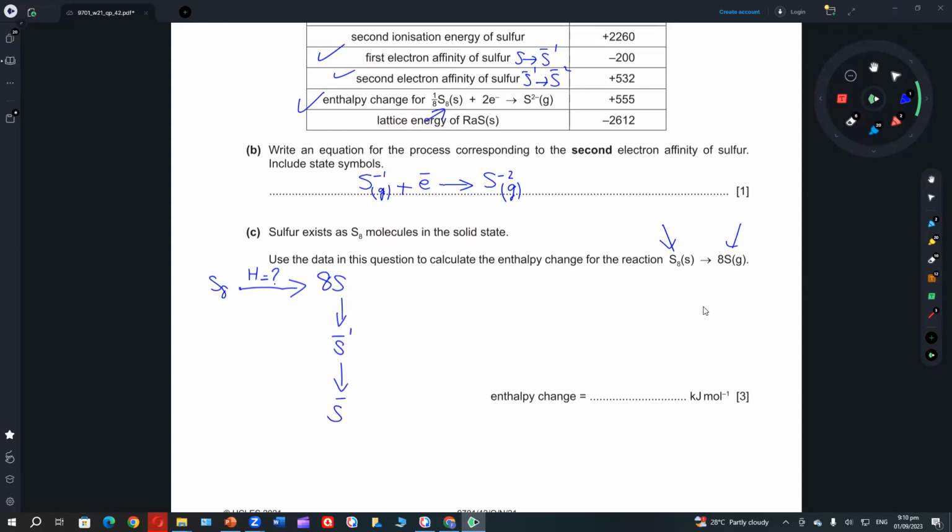Now look at this position. Can I have S8 converting to S2 minus? Yes. So now look at this arrow. Now S8 is converting to S minus 2. Now, how I made this triangle, I have collected all the possible things.